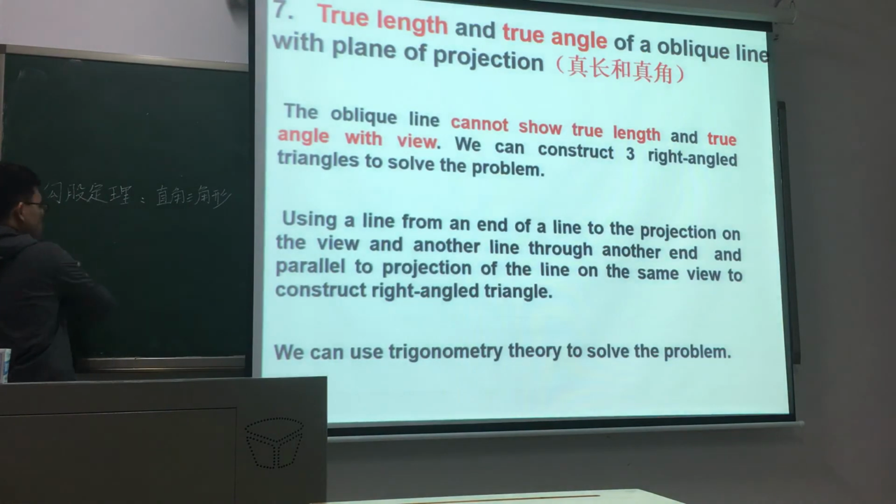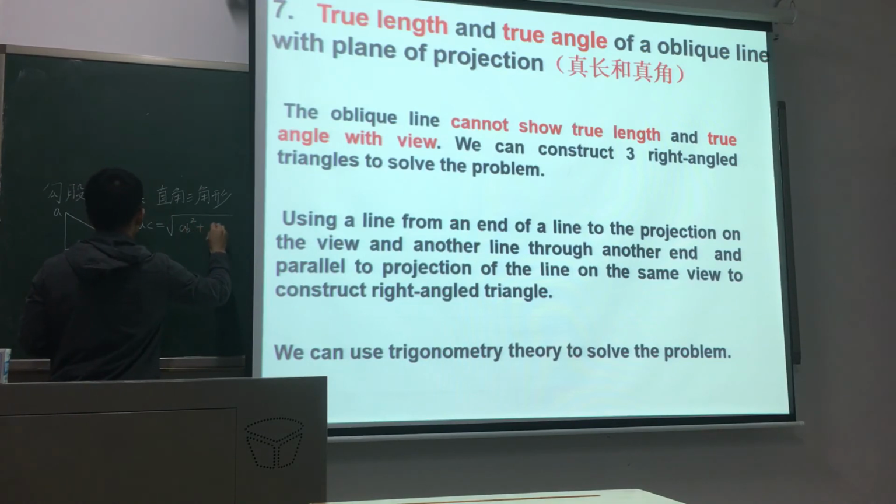You have learned this in high school, the right triangle and the Pythagorean theorem. If you have a rectangle, this is 90 degrees. So AC equals what?